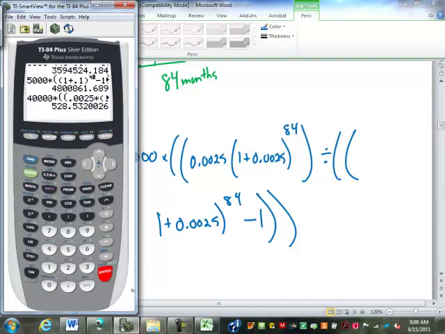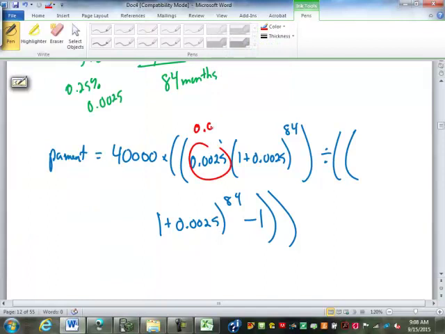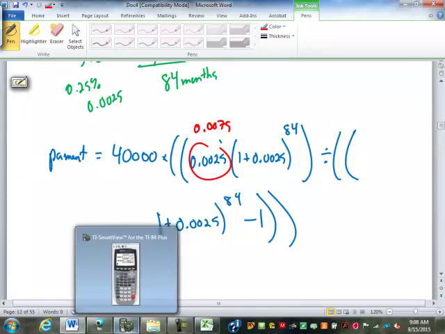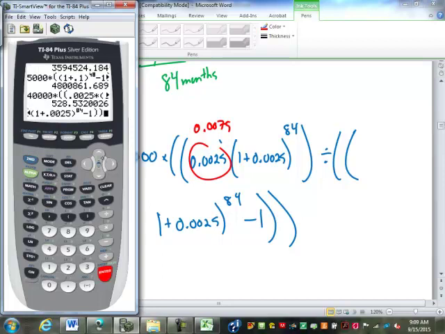If we were to change this to 9% interest, this would change to 0.0075 instead of 0.0025. Now remember that $530 a month, that's over 7 years. That's a lot of years. But let's change this now to 9%.